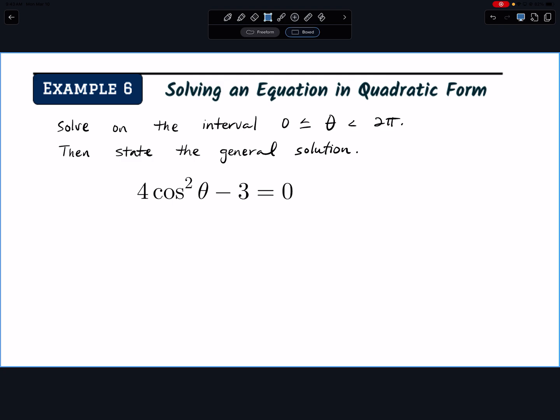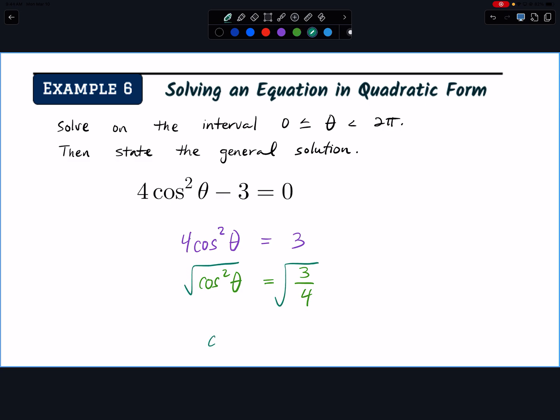All right, guys, so what should I do first? Add 3. Divide by 4. And then square root of both sides.